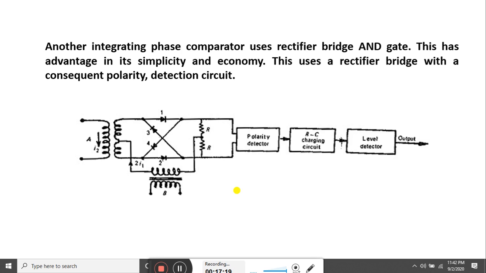Previously I discussed the various types of amplitude comparators, and in this class we have discussed the various types of phase comparators and how they work. This is the end of this lecture, and further we will discuss in another class. Thank you.